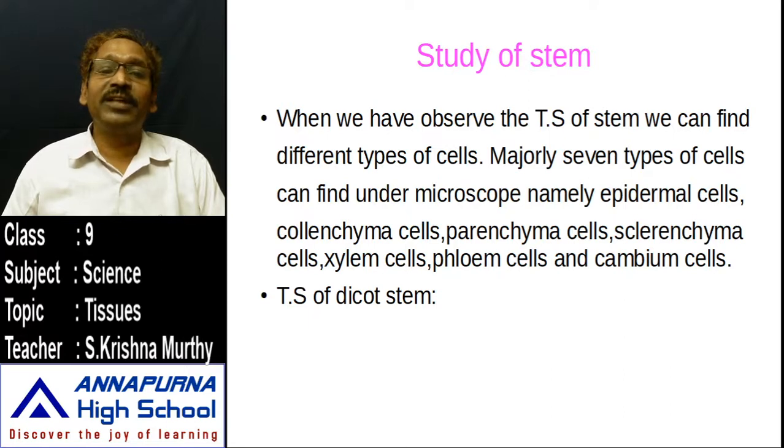Mainly, when we observe the stems of plant parts, they are of two different kinds. One is monocot and another is dicot. The monocot stem is very tender, and the dicot stem can be tender and also very hard. Examples of monocots are all grass plants, the whole grass family: wheat, rice, and grass.